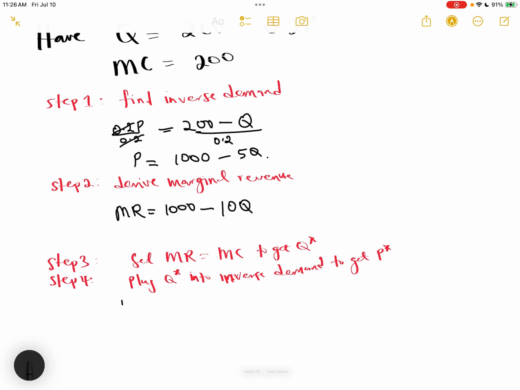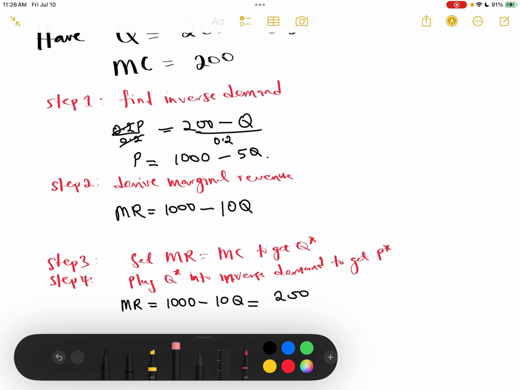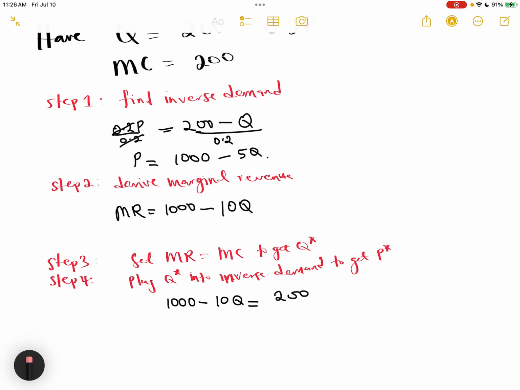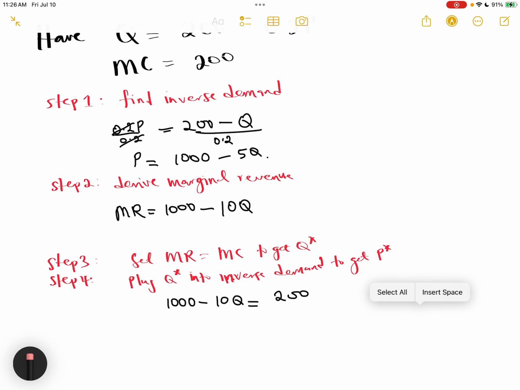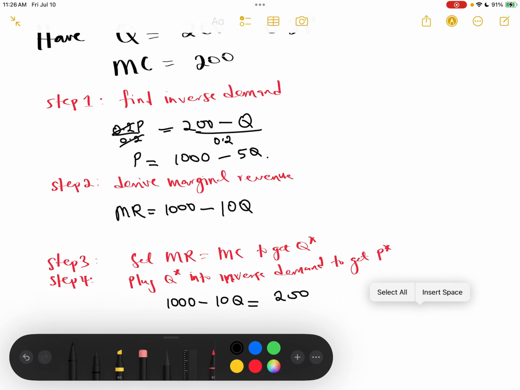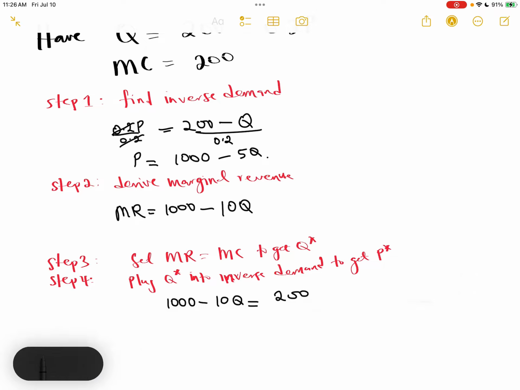Okay, marginal revenue is equal to 1,000 minus 10Q. We want to set that equal to the marginal cost, right? Marginal cost is 200, and so I'll use my eraser to get rid of that other side. Okay, from here we want to make Q the subject.